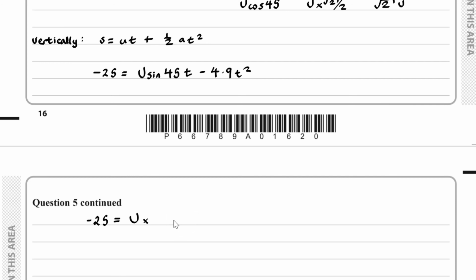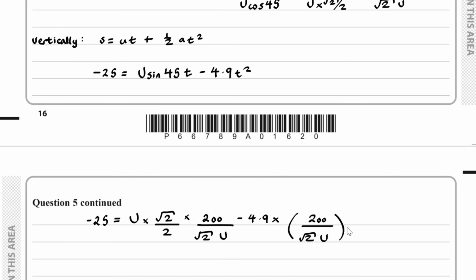So here we've got u times root 2 over 2 times t, which is 200 over root 2 u, minus 4.9 times t squared. So we've got 4.9 lots of 200 over root 2 u squared.